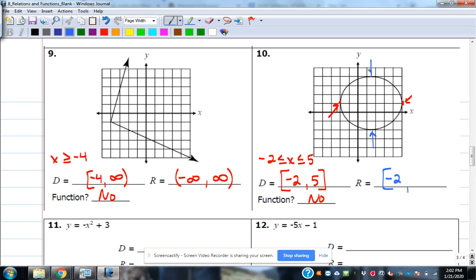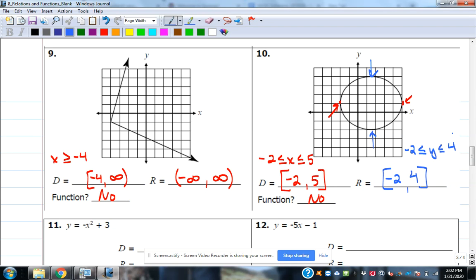And then the top, what's the y value at that spot? +4. And then -2. So there's the inequality version written in blue there. -2 is less than or equal to y is less than or equal to 4.